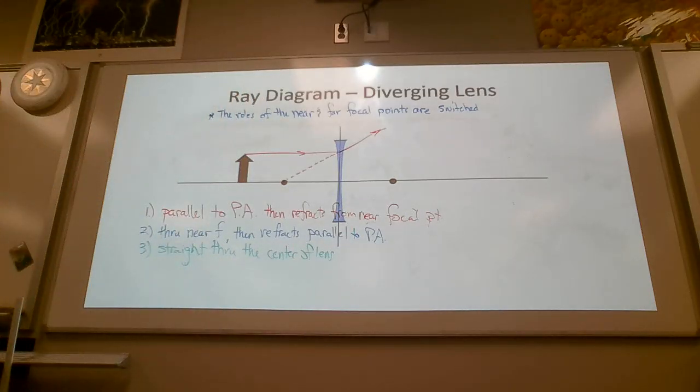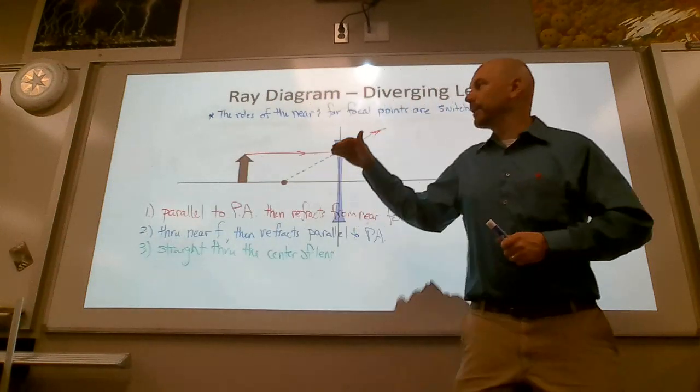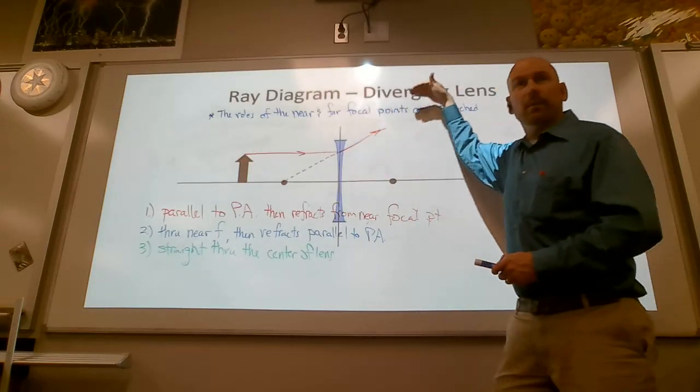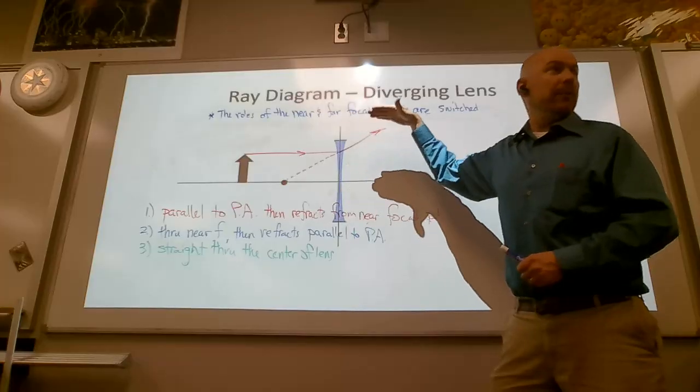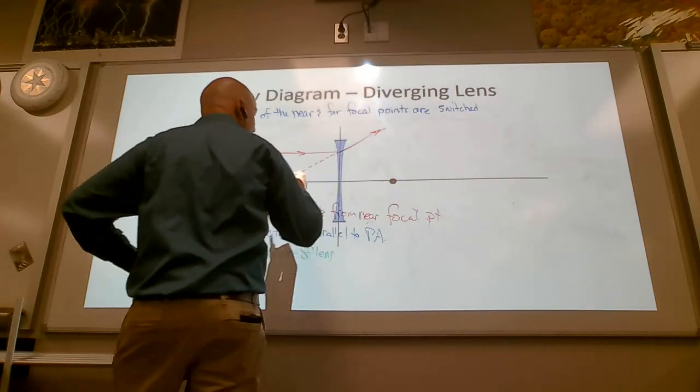So the next ray would be reversing this. If we shot a ray of light towards the far focal point, it's going to refract parallel. Okay.